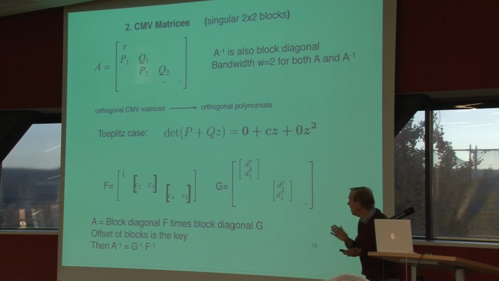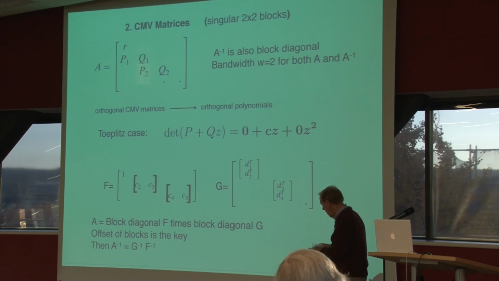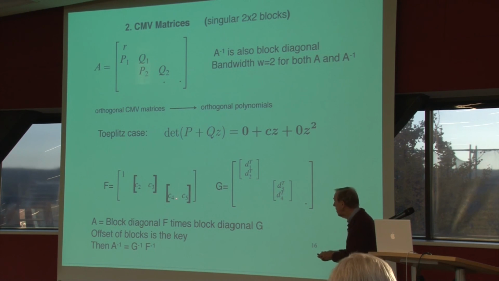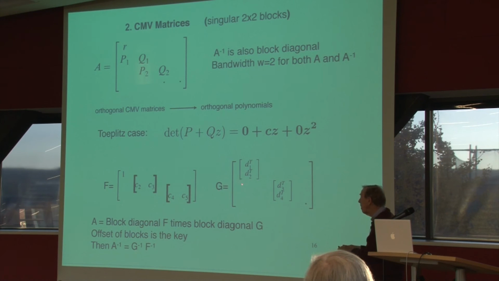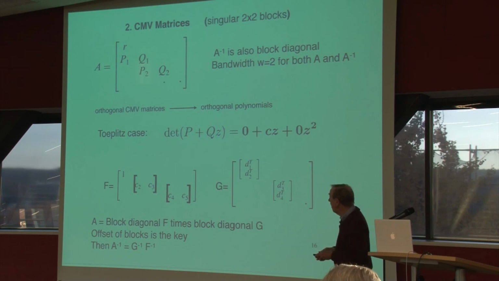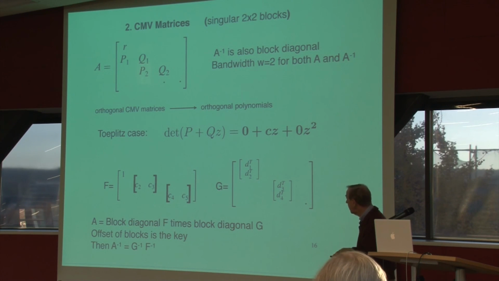And that gives the complete description of our class of matrices: a block diagonal matrix times an offset block diagonal matrix. The blocks are in different positions, and when you multiply them together, it spreads out, and actually you get everything. So that's the theorem, and I will not give a proof for that.